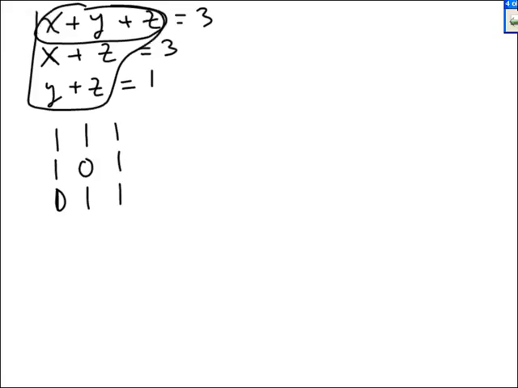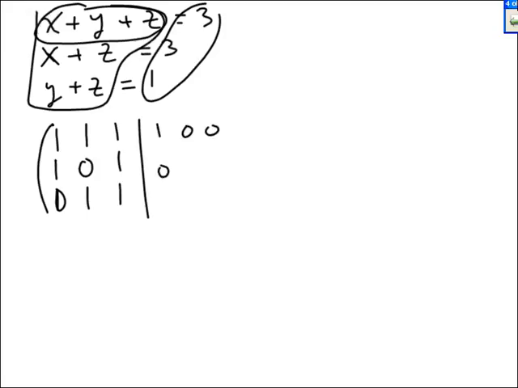That is 1, 1, 1. Now, I need to find the inverse of this matrix. And then I'll multiply it by 3, 3, 1, and I'll know what x, y, and z are. So we augment this with the identity matrix. And then we get it into reduced row echelon form.